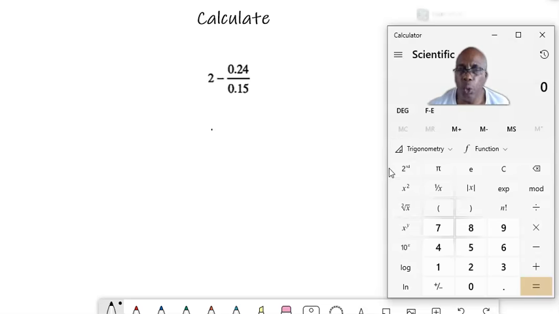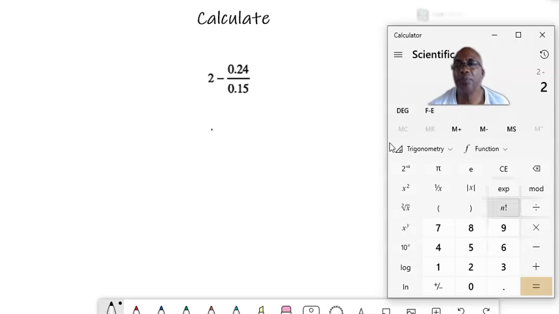So I have 2, so I put in my 2, minus. Since I'm subtracting not just 0.24, but this whole thing, 0.24 over 0.15, from 2, then I have to put this in a bracket. The bracket will group that second operation. So I'm subtracting the whole operation from 2.